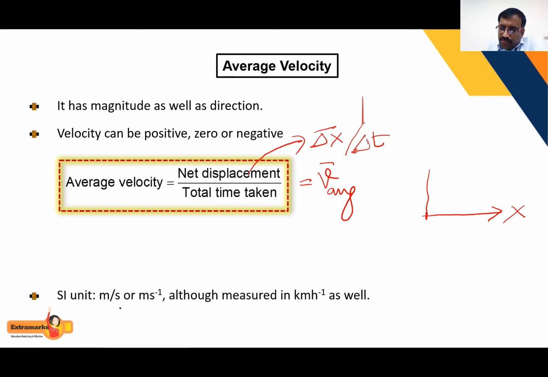The unit, as you know, is meter per second, although it can be measured in kilometer per hour as well. And velocity can be positive, 0 or negative, because displacement can be 0, as we discussed in the last session. Displacement can be negative and displacement can be positive.